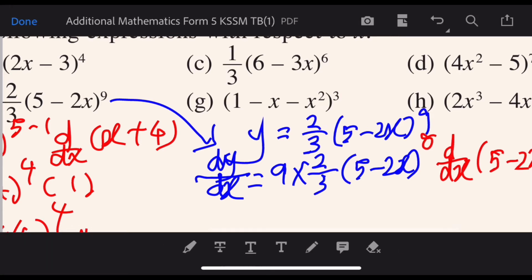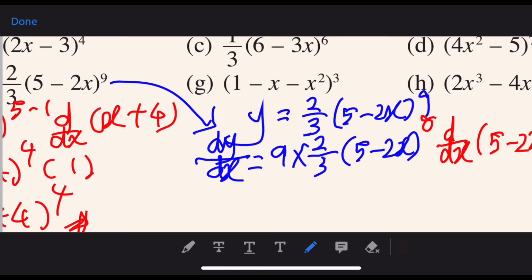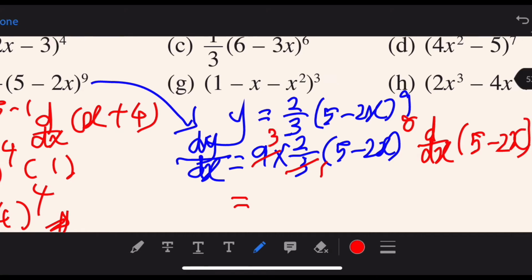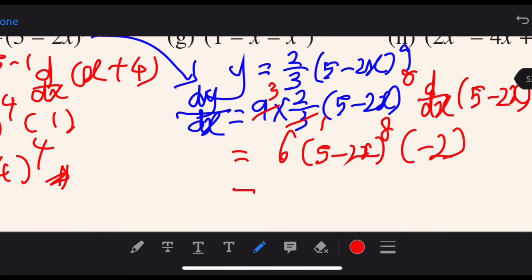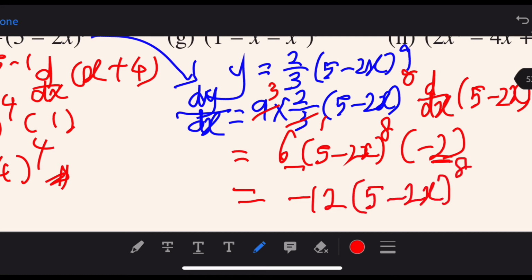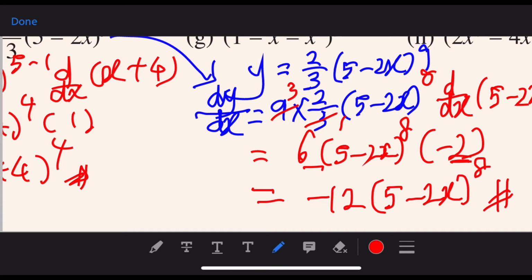Students just differentiate inside the bracket without the power 9. All right, so now your answer is, you just simplify 3 1 3 3 6, then 5 minus 2x to the power of 8. Then you differentiate 5, get 0, differentiate negative 2x, you get negative 2, right? So then you just simplify the number and this thing remains as power 8. That's all. Okay, understand?